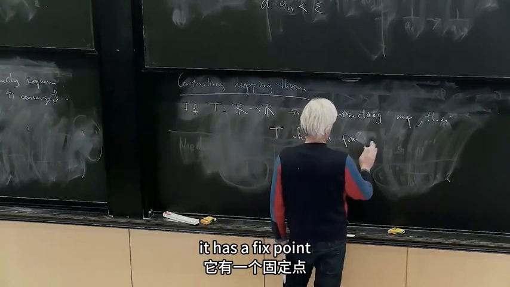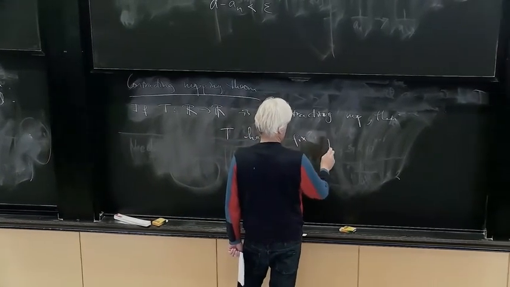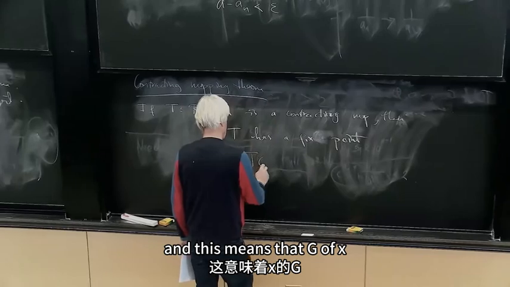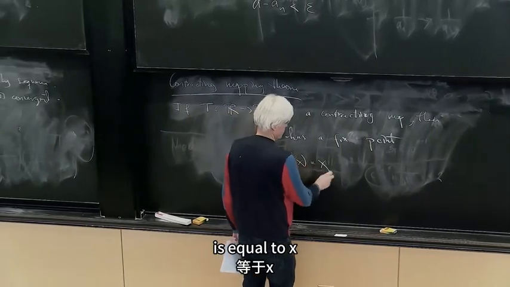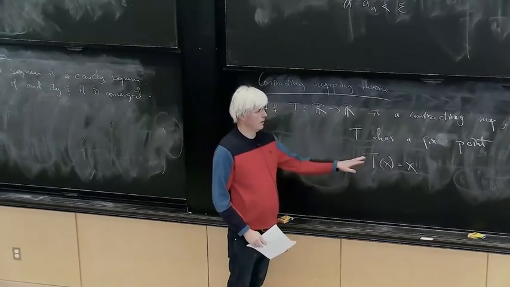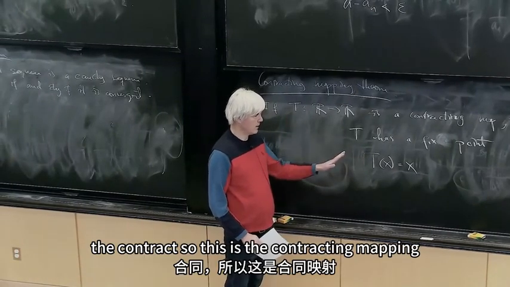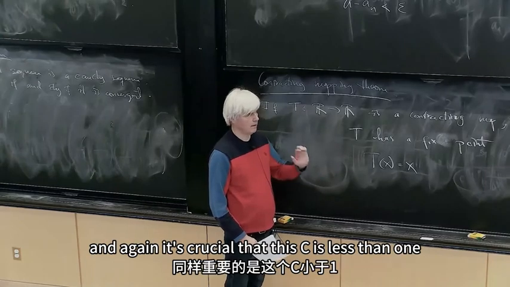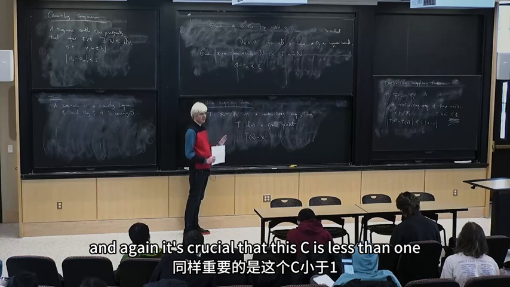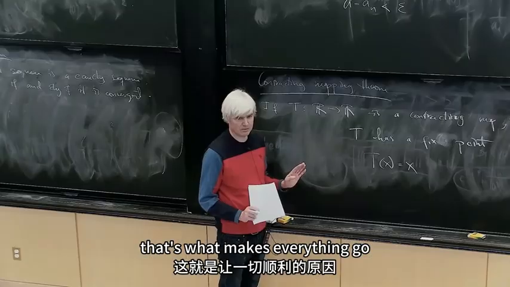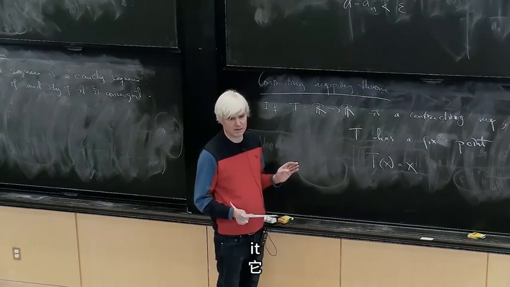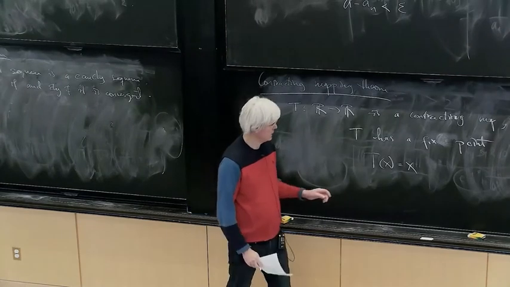And this means that T of X is equal to X. And again, it's crucial that this C is less than 1. That's what makes everything go. If it was equal to 1, you wouldn't get anything. It has to be strictly less than 1.